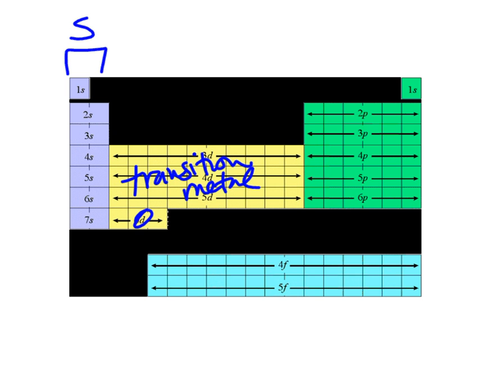The lanthanide and actinide series, those are your F block. Your F block's down here. F. This is your D block. This is your S block. And then over here we have the metalloids, nonmetals, and some poor metals. This is your P block.